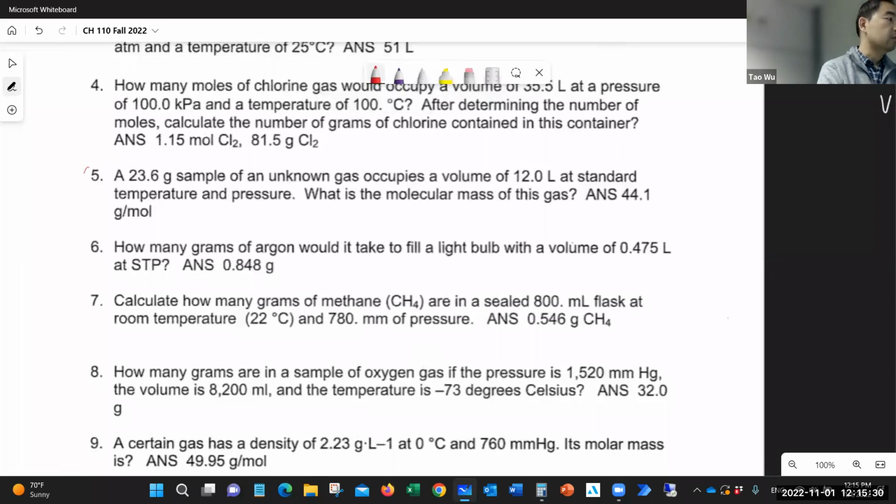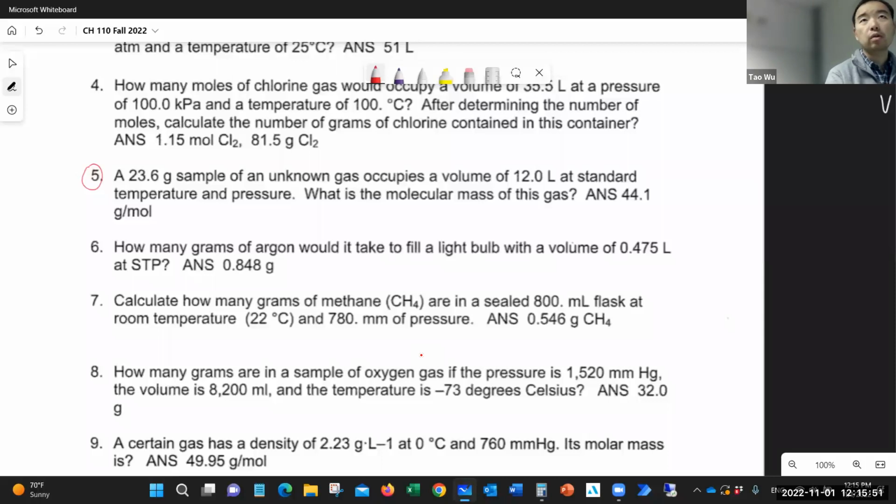Look at question number 5. Here we have 23.6 grams of an unknown sample, and this sample occupies a volume of 12.0 liters at standard temperature and pressure. It asks: what is the molar mass of this gas?